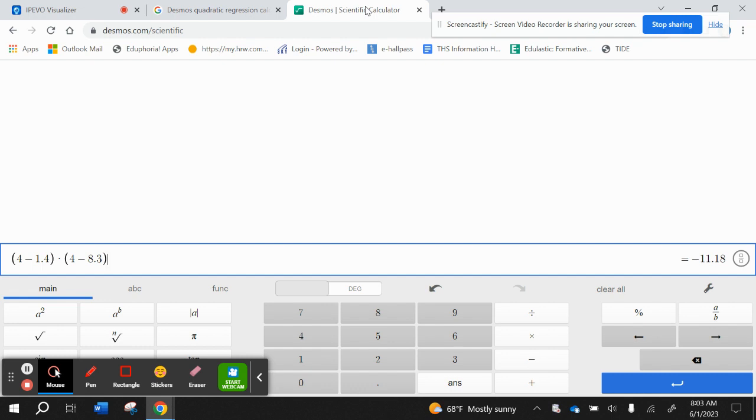Actually, let's do all the rounding at the end. So 5 equals a times negative 11.18. That's usually the better process, to wait and round at the end.